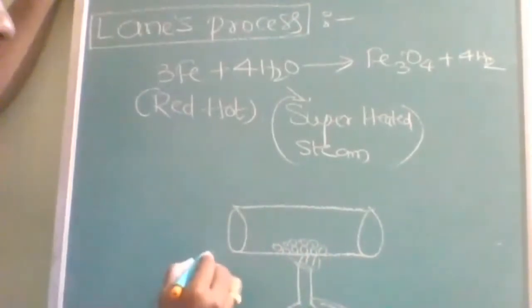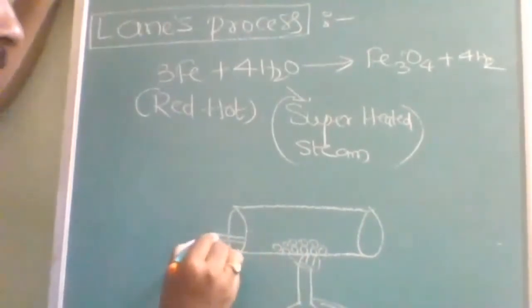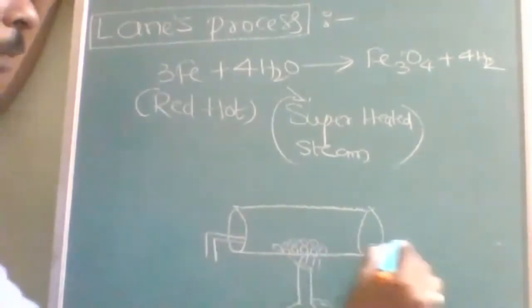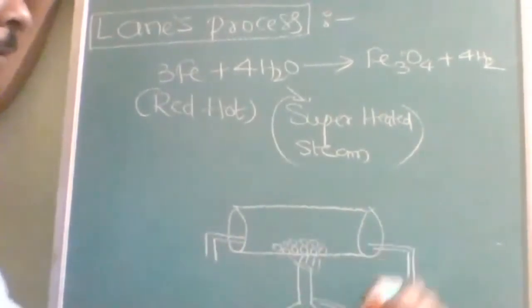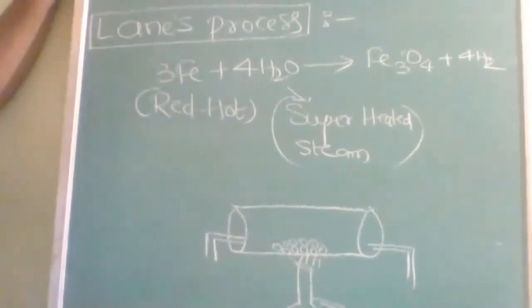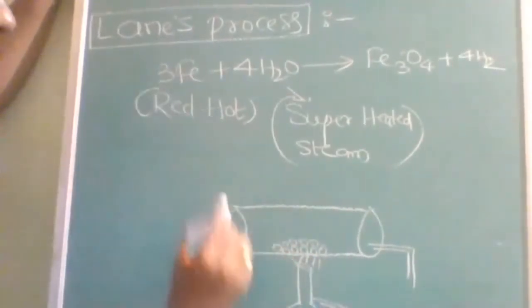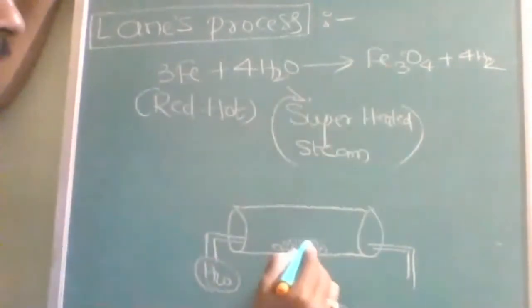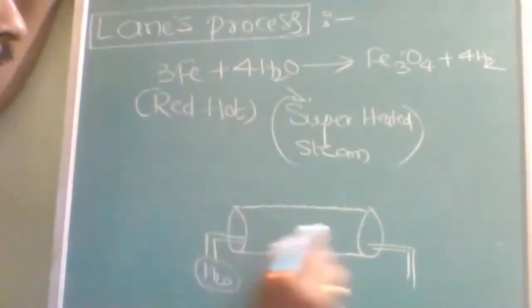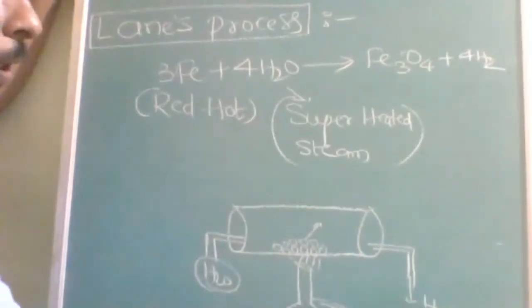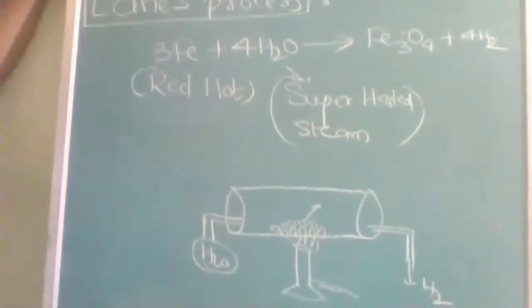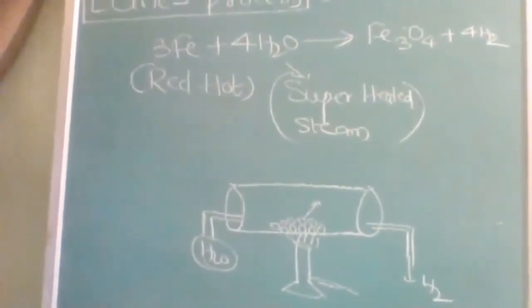Then through one pipe we send superheated steam over the red hot iron. When they react with each other, it will be converted, and during this process we will collect the hydrogen.